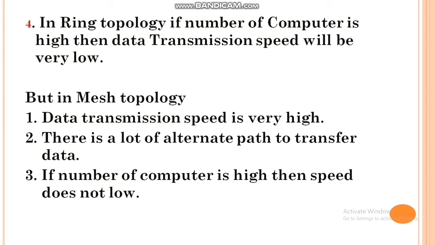Number 4, in ring topology, if the number of computers is high, then data transmission speed will be very low. But in mesh topology, data transmission speed is very high. Number 2, there are a lot of alternate paths to transfer data. Number 3, if the number of computers is high, then speed does not go low.